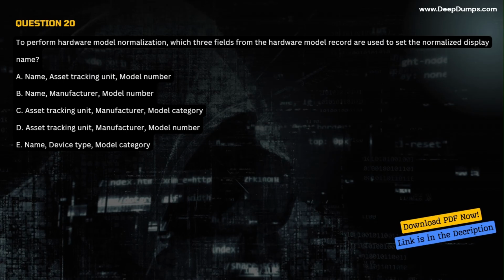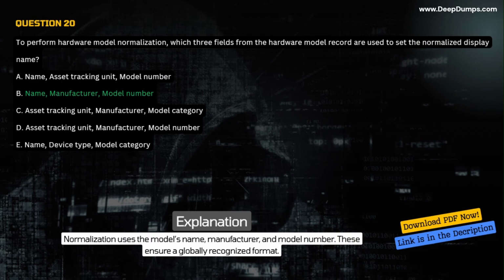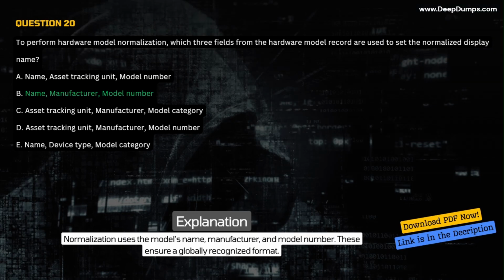D. Asset tracking unit, manufacturer, model number. E. Name, device type, model category. Correct answer B. Name, manufacturer, model number. Explanation. Normalization uses the model's name, manufacturer, and model number. These ensure a globally recognized format.